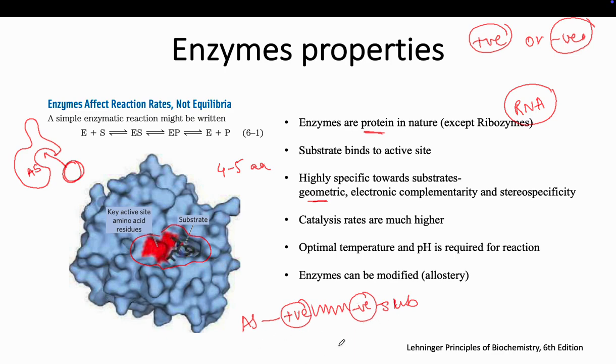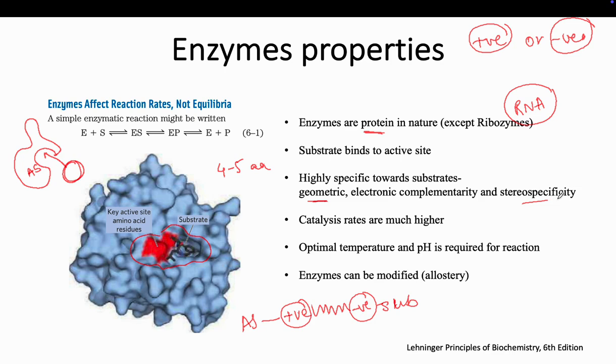If both are positive, they will repel each other and there won't be any interaction between the enzyme and substrate. But if the active site has a positive amino acid and the substrate is negatively charged, there will be electronic complementarity.